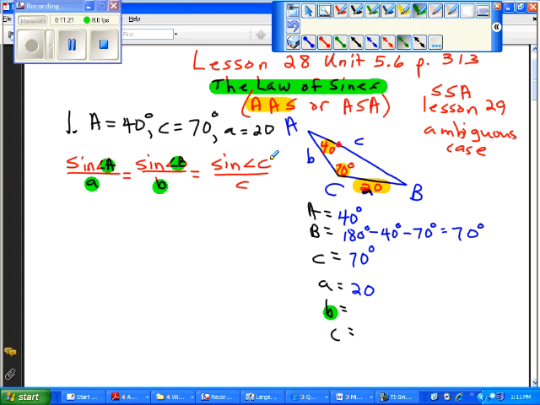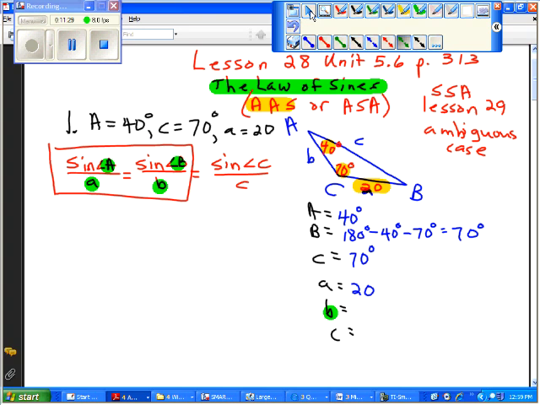And we know all of that stuff, so we can do that to find little b. So to find little b, we're going to use this part of the law of sines. We're going to say sine of angle A, which is 40 degrees, over little a, which is 20, is equal to the sine of angle B, which is 70 degrees, over little b, which we don't know.